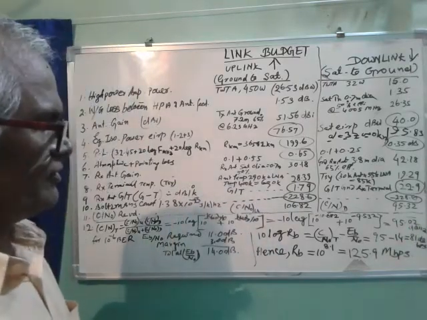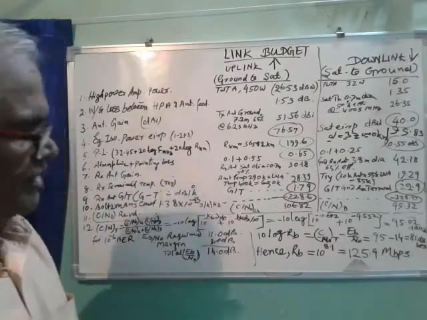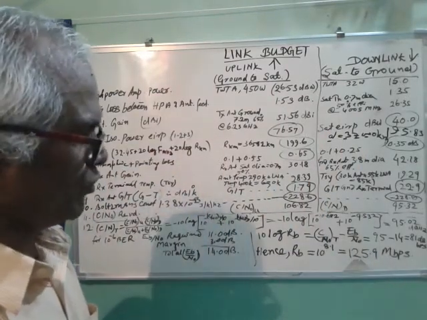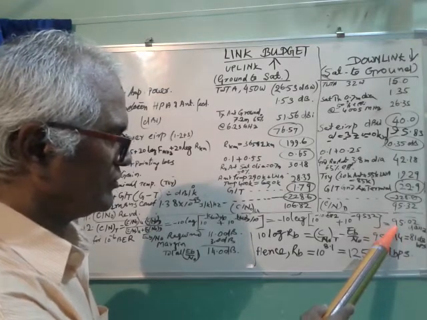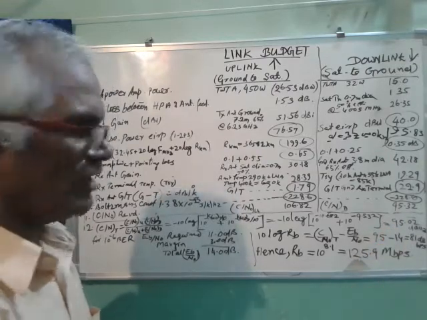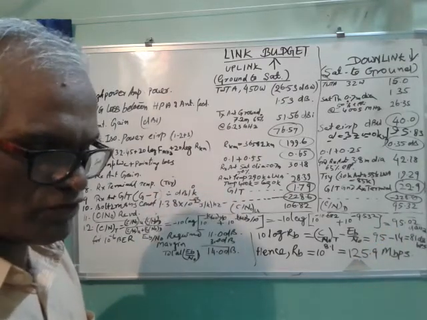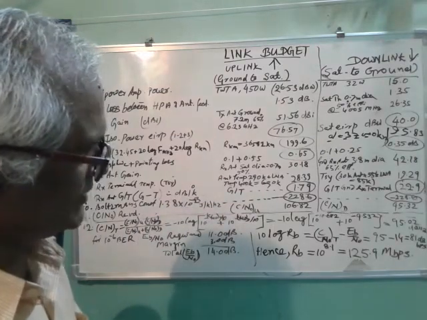Now let us see, with whatever availability is there, we got this much C by N naught, carrier to noise density. Now we will see how much information we can transfer with this link.